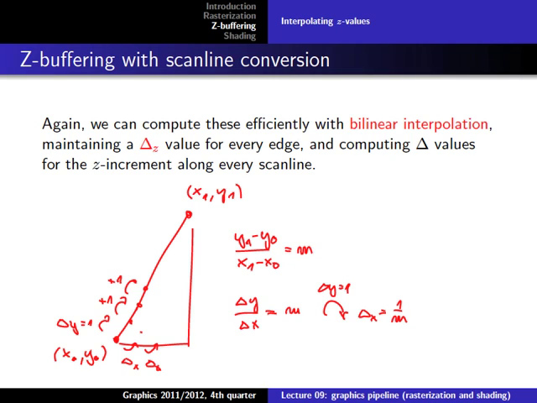Now, what we do with the set value, as I said last time, is we just carry it along. It's not part of the point anymore because we did the projection, but we carry it along because we need it for the hidden surface removal. And then we basically just interpret the set value in the same way. We do a linear interpolation, not between x, y here, but between y and z.